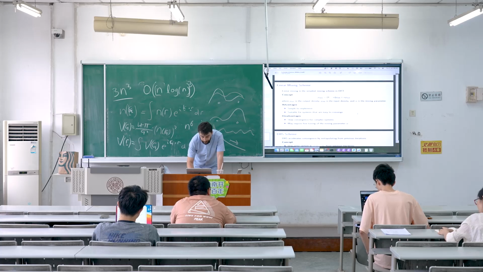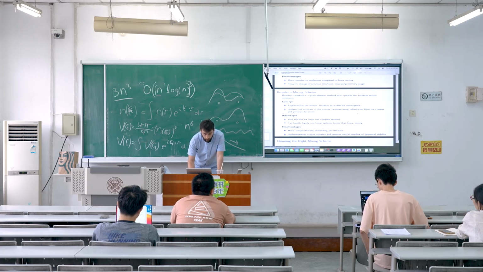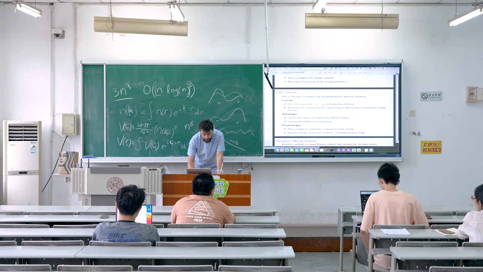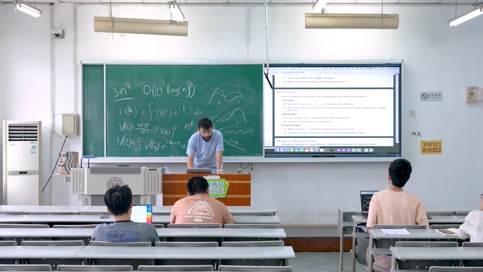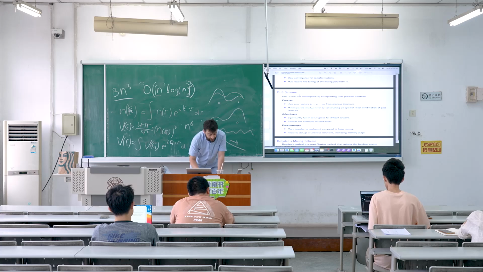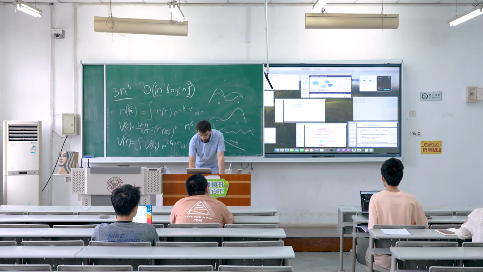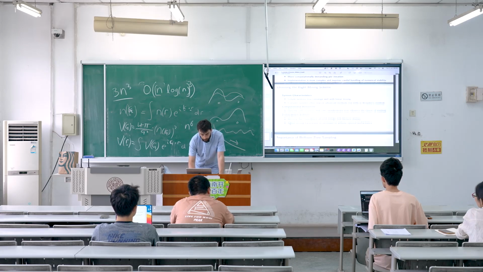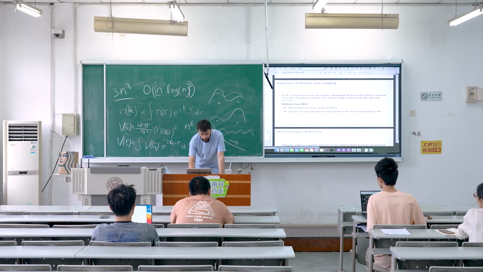So linear mixing is what we just said, but more commonly we use something like Pulay mixing. It's named after Peter Pulay, or it's named DIIS. Or Broyden. Right.